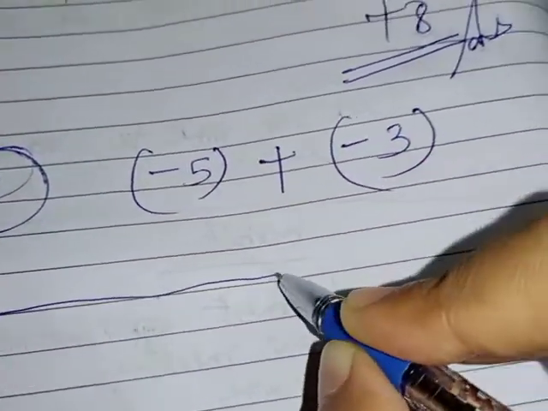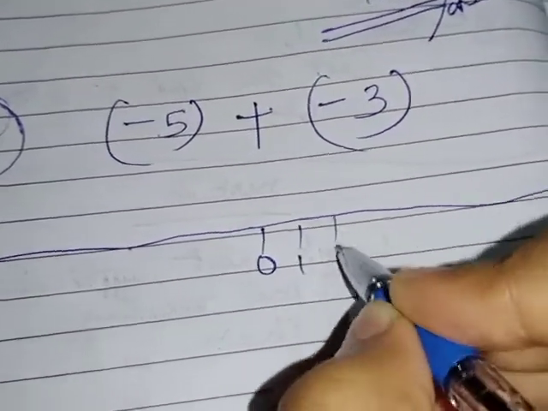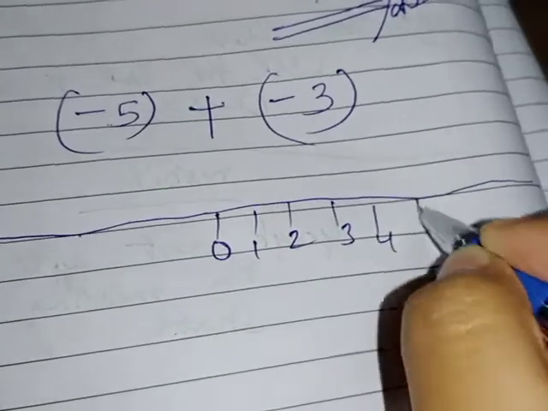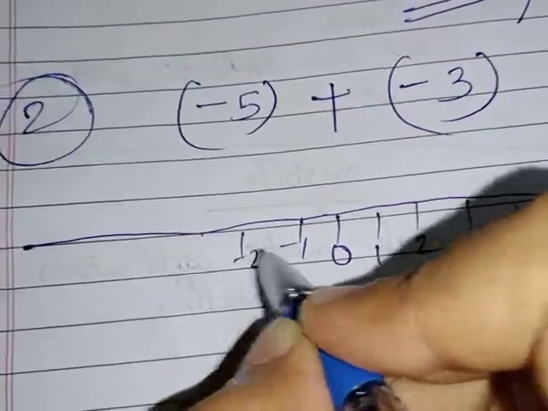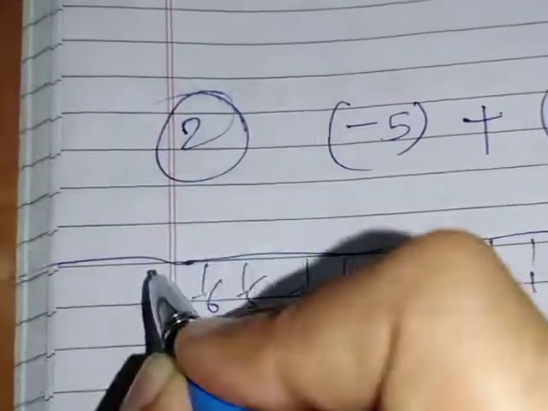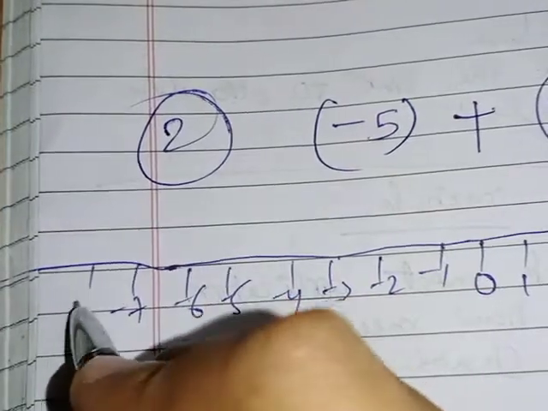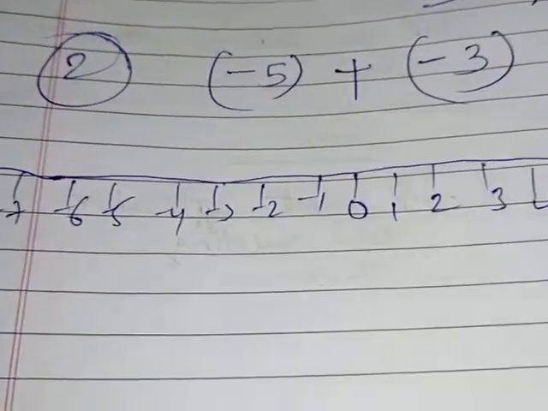First of all, we'll make a number line, like this, and so on. Minus 1, minus 2, minus 3, minus 4, minus 5, minus 6, minus 7, minus 8, minus 9 and so on. Okay, so here we have the number line.